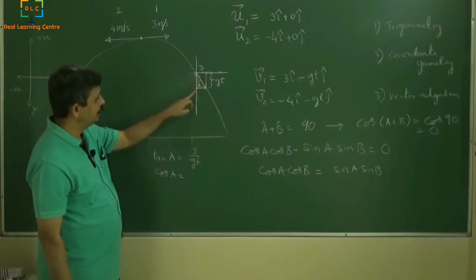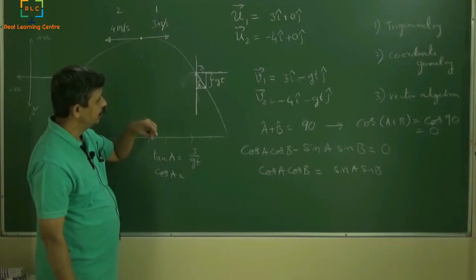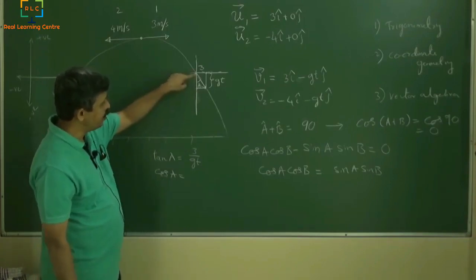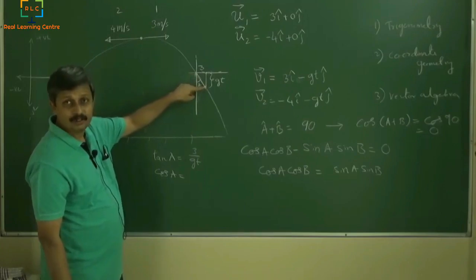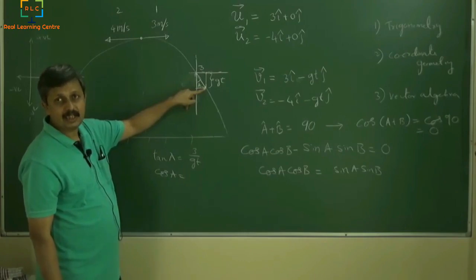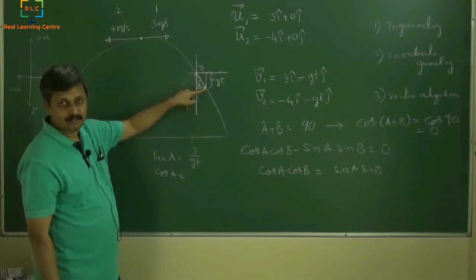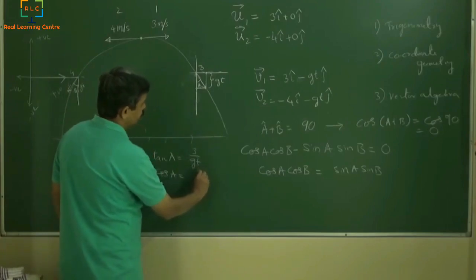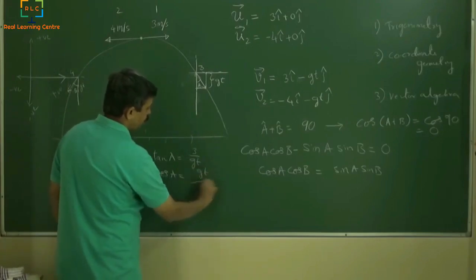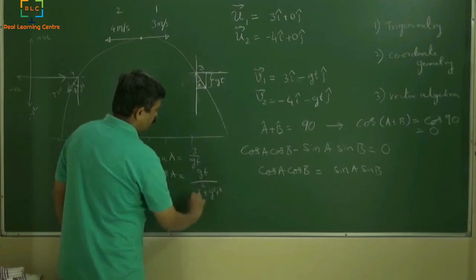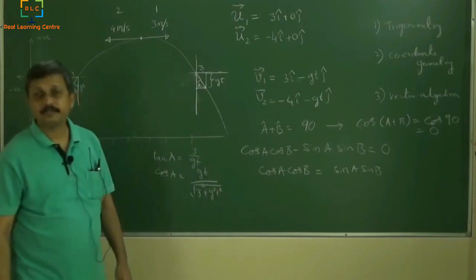This is 3, this is gt. Cos A is adjacent side divided by hypotenuse. So gt divided by the square root of 3 square plus g square t square. Do you agree? Cos A is written as gt divided by the square root of 3 square plus g square t square. Can we write like that?